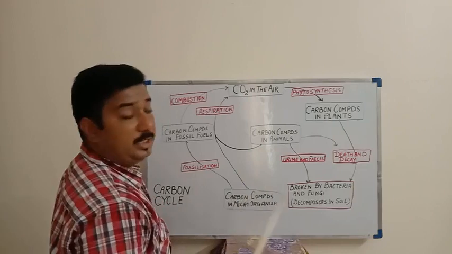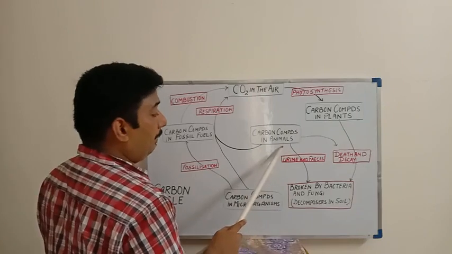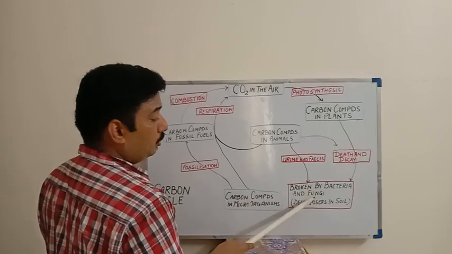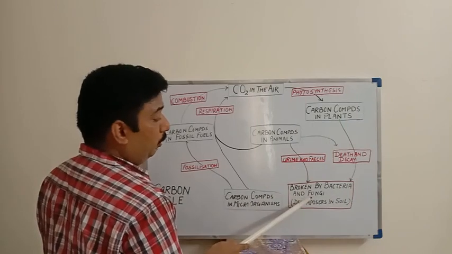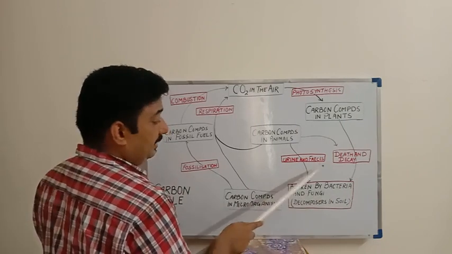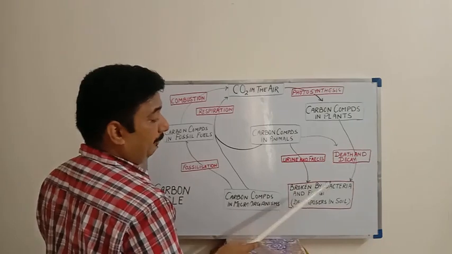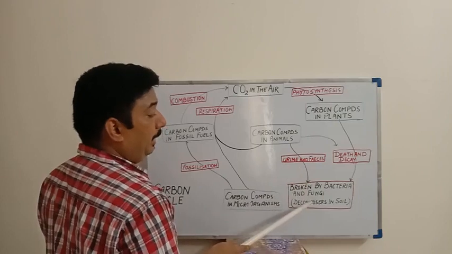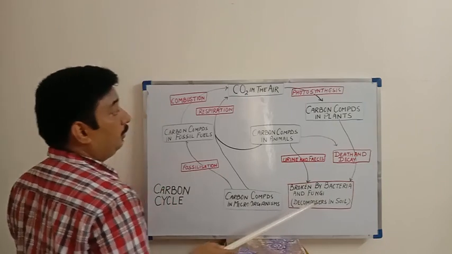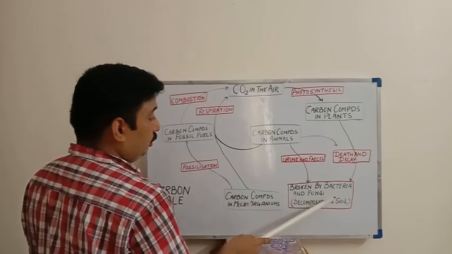Then through the excretion of the animals, the carbon compound is again brought to the soil through urine and feces. That urine and feces will be broken down by bacterial and fungal activity, and decomposition of that fecal matter will take place, and again carbon dioxide will come to the soil.